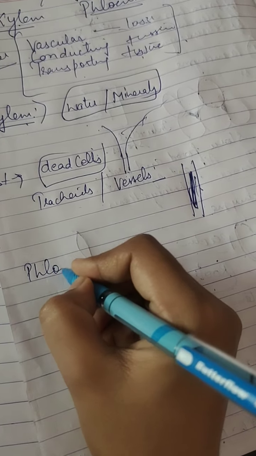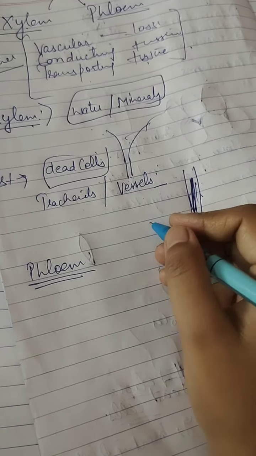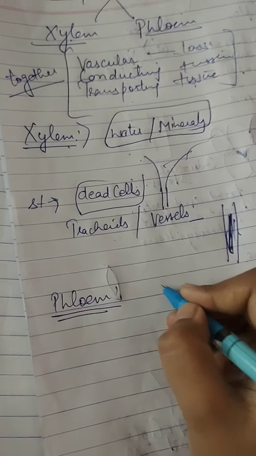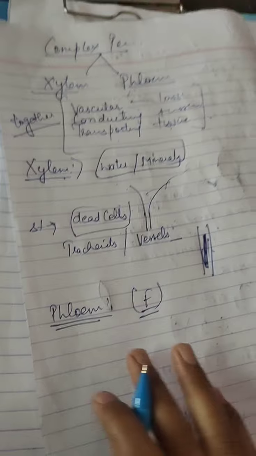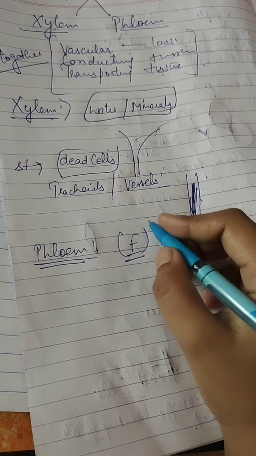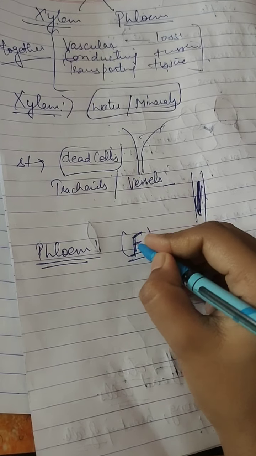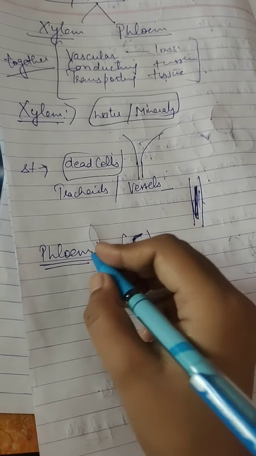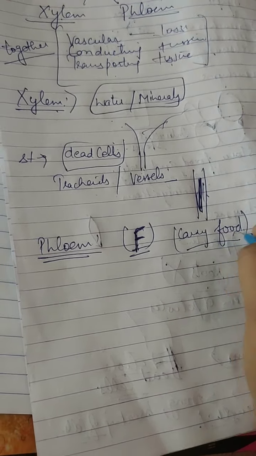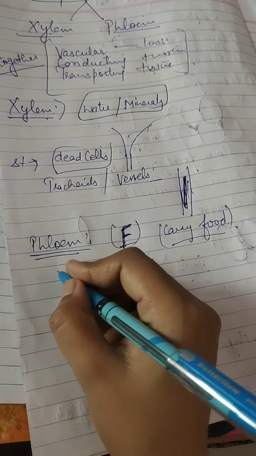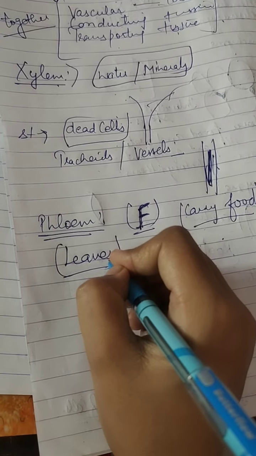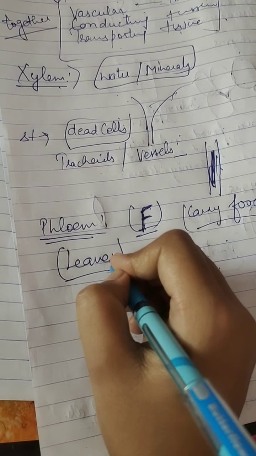Now next is the phloem. When you speak the word phloem, it gives the sound of F. Yes or no? From this F you have to learn that phloem carries food. And from which part of the plant does it carry food? From the leaves, because leaves help to prepare the food.